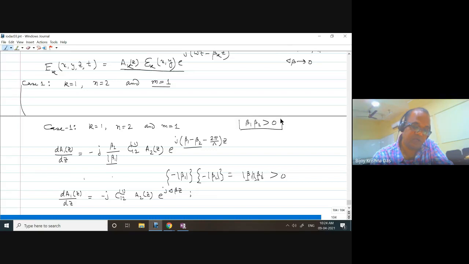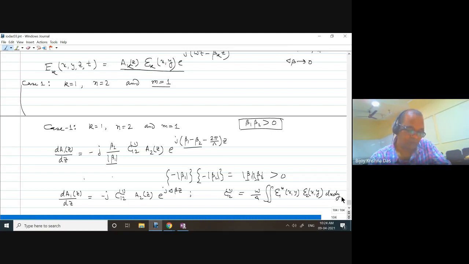This is the general condition. First thing I am considering k equal to 1, n equal to 2, and then I have derived this equation like this. What is C12? C12, say 1, is nothing but omega by 4 integration E1 star xy and E2 xy, mode 2 field strength, dx dy.